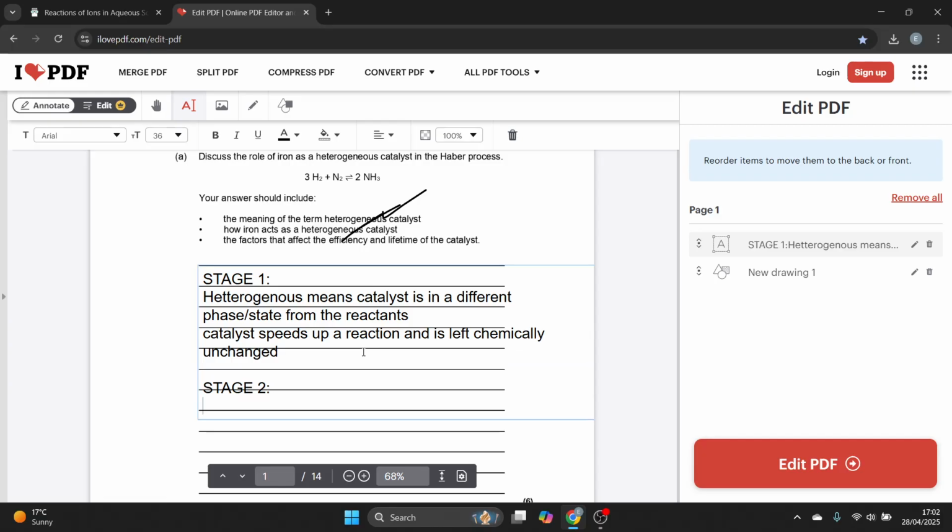How iron acts as a heterogeneous catalyst. Well, hydrogen and nitrogen adsorb onto the active site of the iron. The bonds weaken, the reaction takes place, and then the products desorb / leave from the surface of the iron.